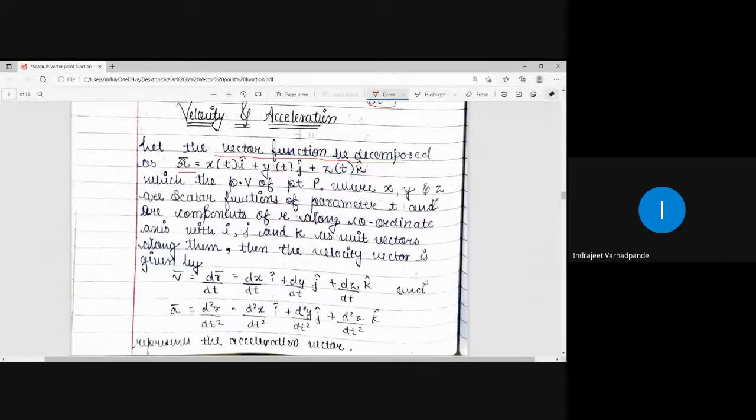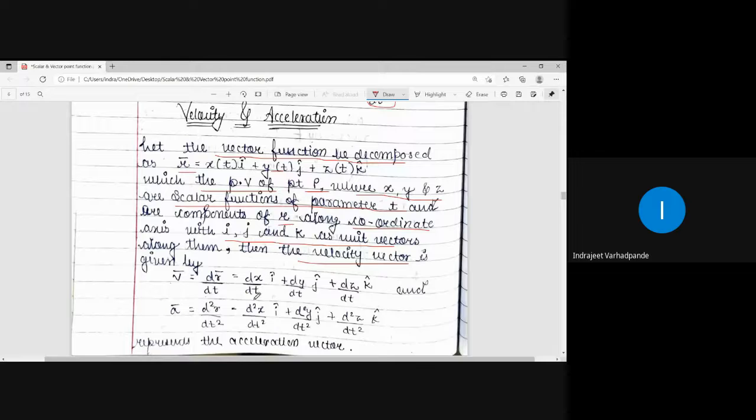So r bar is a position vector by default defined as x of t i bar plus y of t j bar plus z of t k bar, which is the position vector of point P, where x, y, z are scalar functions of parameter t and are components of r along the coordinate axes with i, j and k as unit vectors along them.